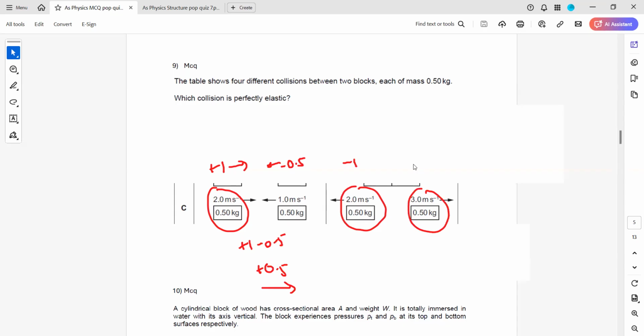And 3 into 0.5, that is 1.5, so this is towards the right-hand side. When I simplify, minus 1 plus 1.5, I'll get 0.5 positive. So that's towards the right.